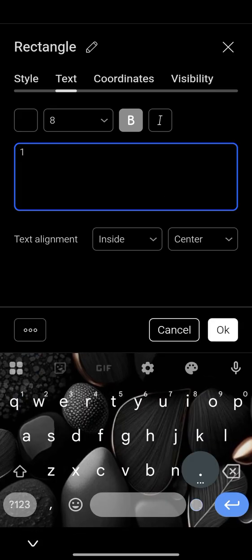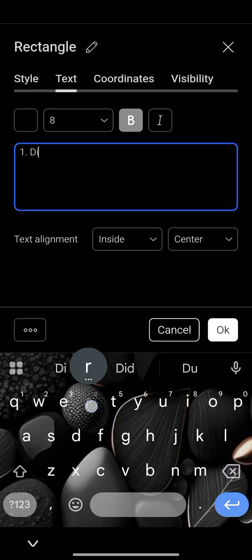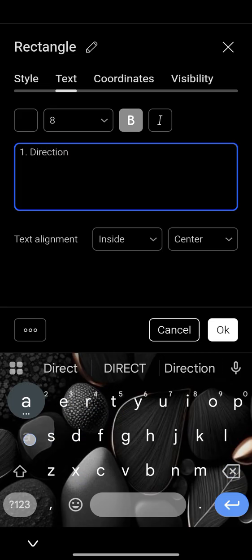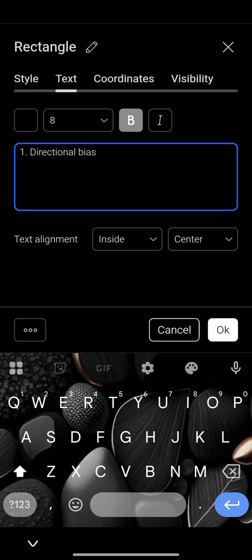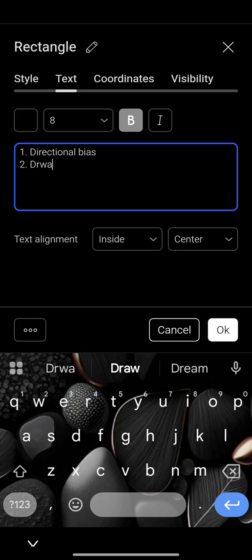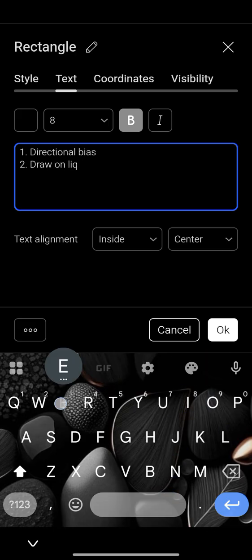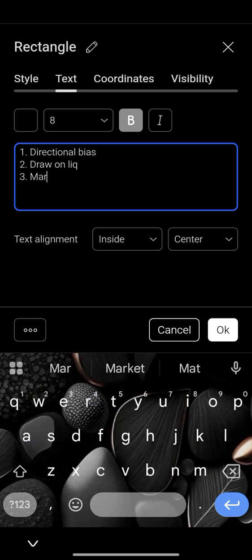Number one is the bias, the directional bias. Then number two is your draw on liquidity. Number three is your market structure intent.